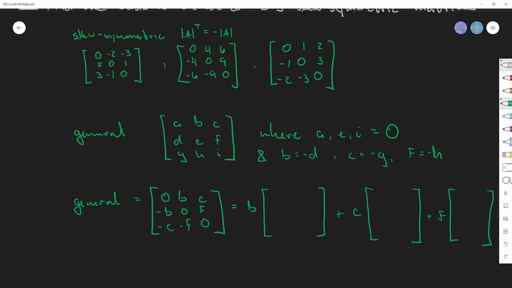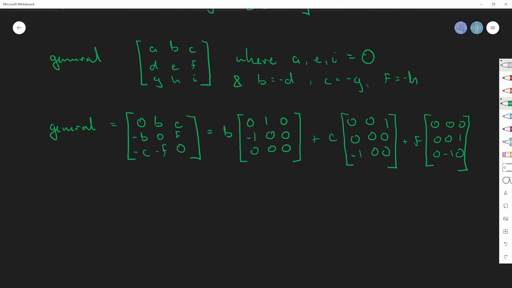So for B, we'll have 0, 1, 0, then negative 1, and zeros all the way. Then for C, 0, 0, 1, then zeros, then negative 1, then 0, 0. Lastly, for F, zeros with a 1 and a negative 1.